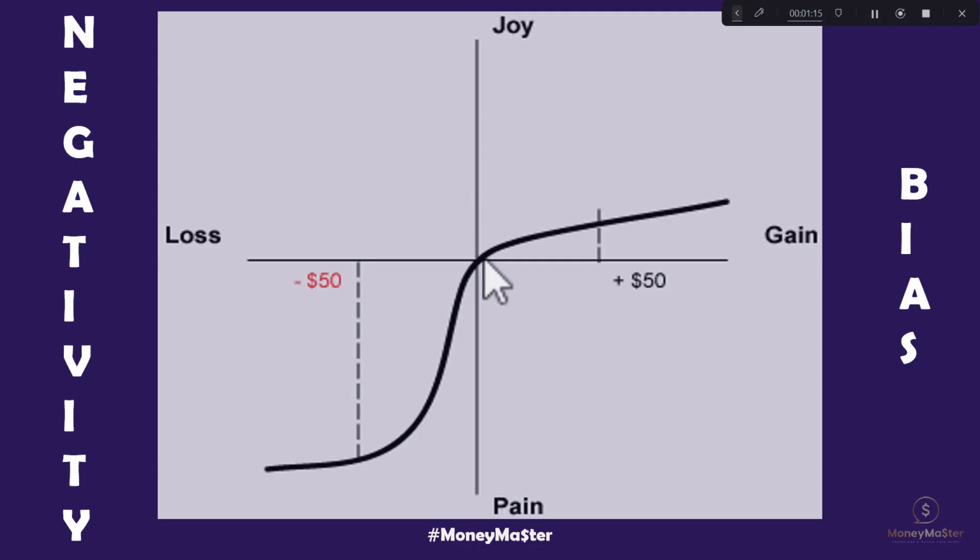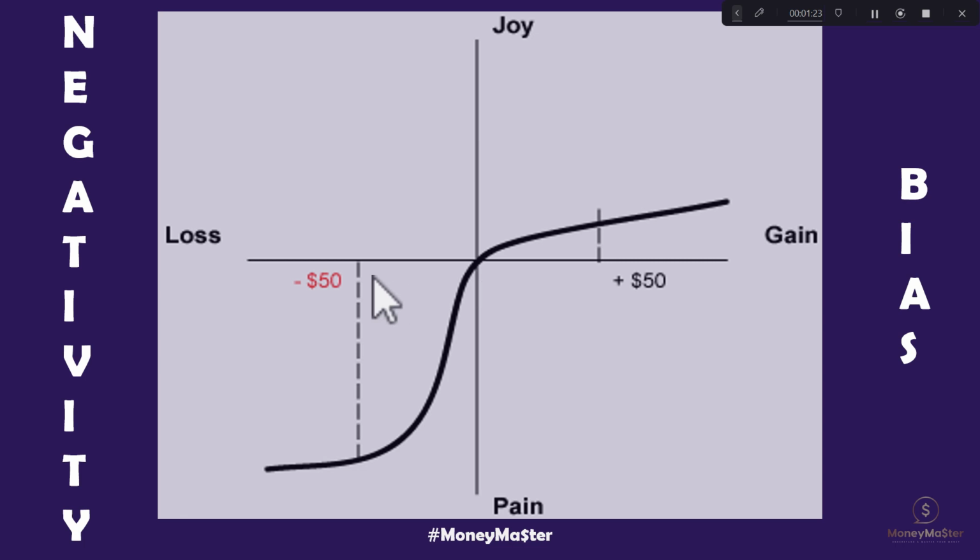And one of the reasons I said that happens is because of the emotional experience we have when we make money or lose money. So I showed this graph. The joy you experience from making $50 is about 1 unit, let's say.